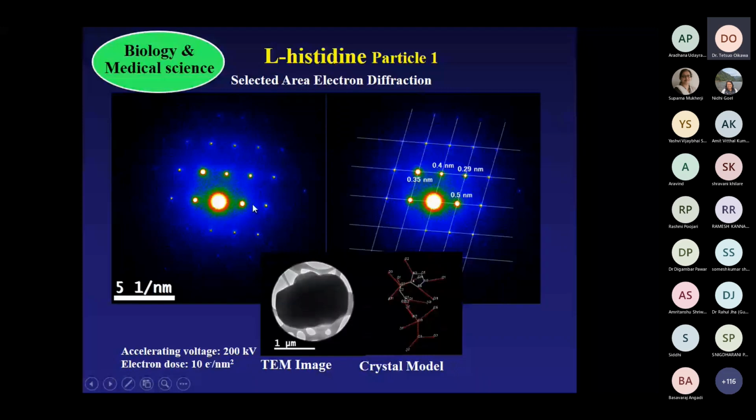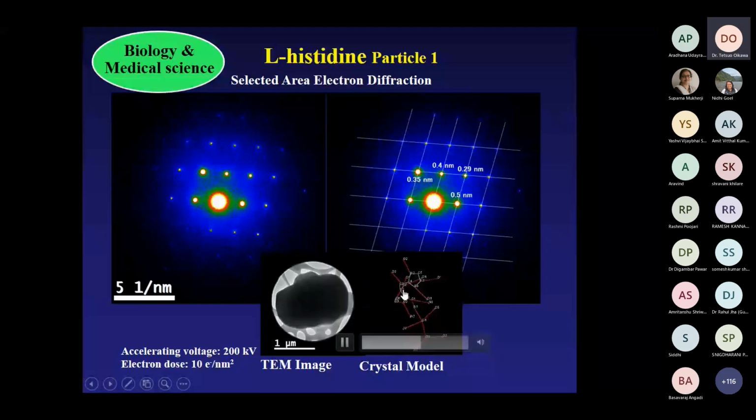We can obtain the selected area diffraction from a small crystallite like this. Even in a powder, a small crystallite is a single crystal, and we can obtain the single crystal electron diffraction pattern like this. According to this diffraction pattern analysis, we can identify the crystal structure.